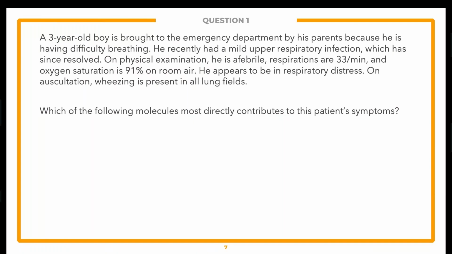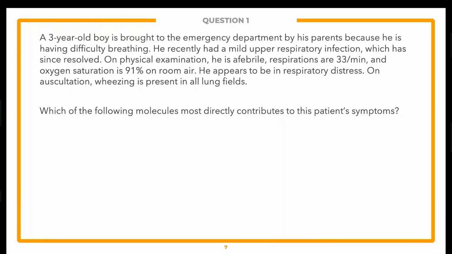Then we say, read the lead-in. And if you are new to board style questions, the lead-in is the actual question here. So for question number 1, the lead-in is, which of the following molecules most directly contributes to this patient's symptoms? The lead-in obviously is another focusing tool. If you read the vignette first, and the vignette is the scenario that supports it, that's where all the data is, right?